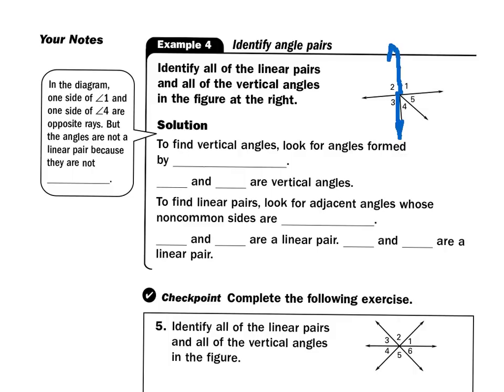No, because they don't share a common side and they're not adjacent. Remember, a linear pair has to be made of 2 angles, not 3. To find vertical angles, look for angles formed by intersecting lines.